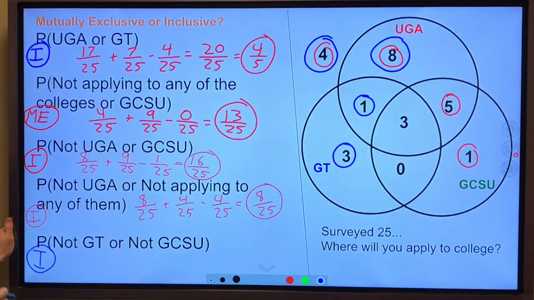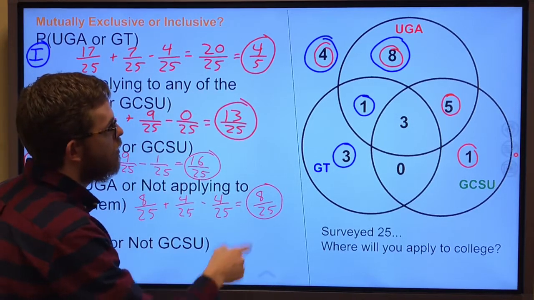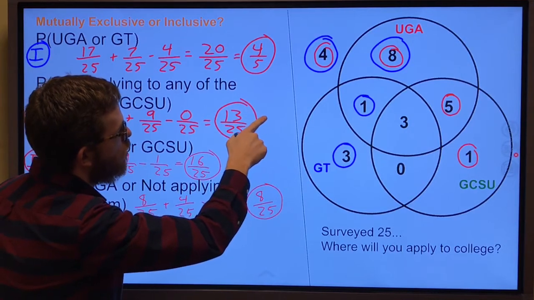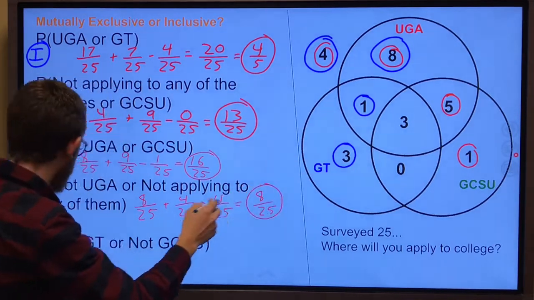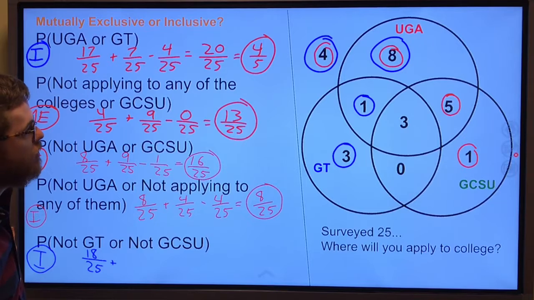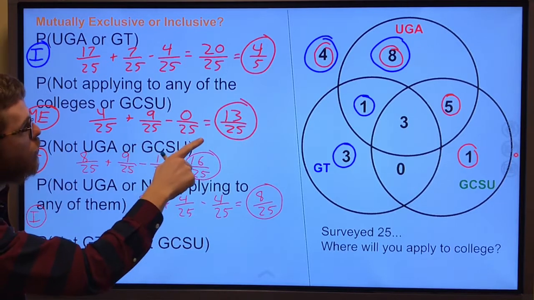To find this probability, we take the probability of not Georgia Tech, which was red. Not Georgia Tech is 12, 17, 18 out of 25. We add it to the not GCSU. The not GCSU is circled blue.